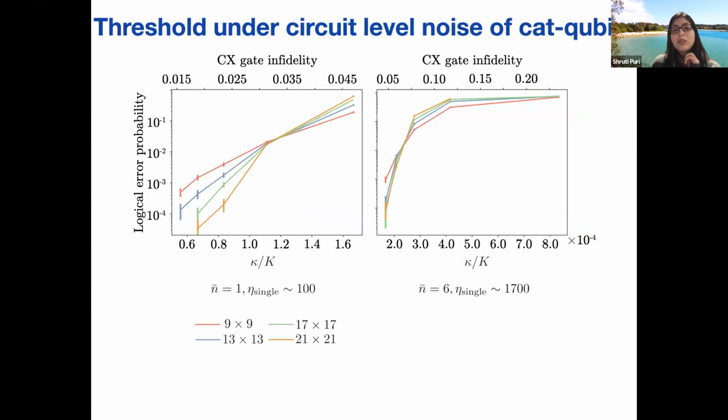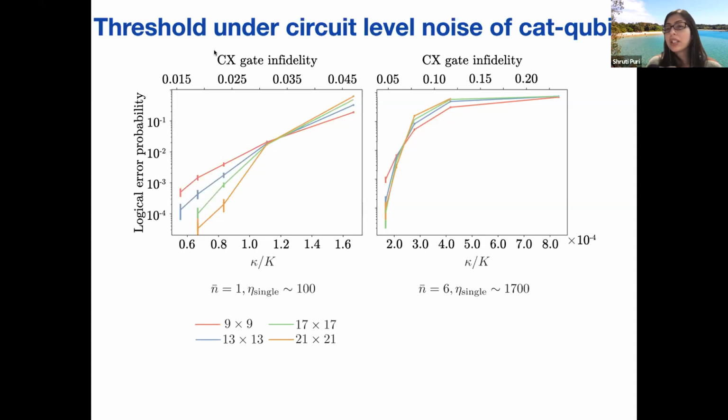Now what we did is we simulated the same XZZX lattice, but for real system parameters of our Kerr-cat. So what we do is we fix the parameters of the cavity, we fix the Kerr nonlinearity, we fix the loss rates, and we change the size of the cat. On the left-hand side, we have the cat with size 1 photon, and on the right, we have the cat with size 6 photons.